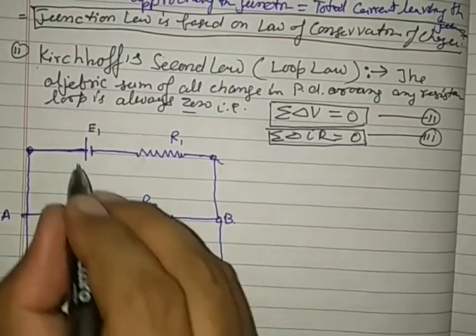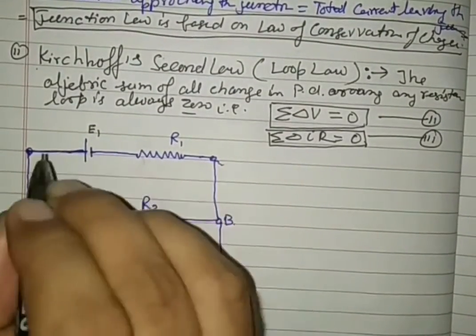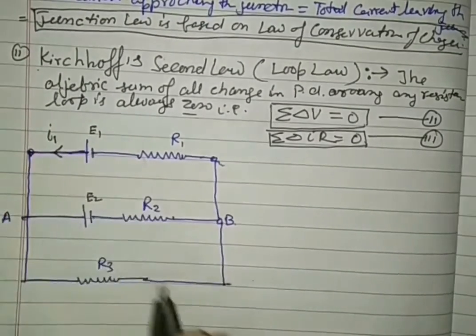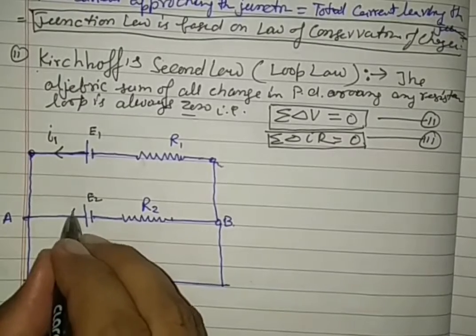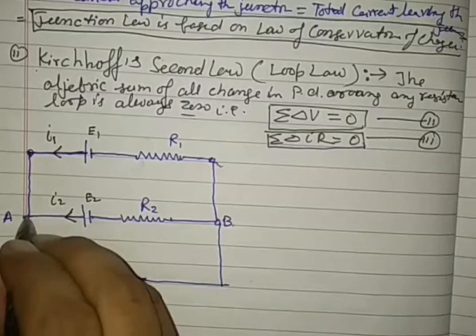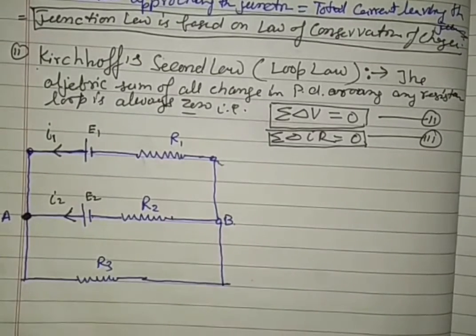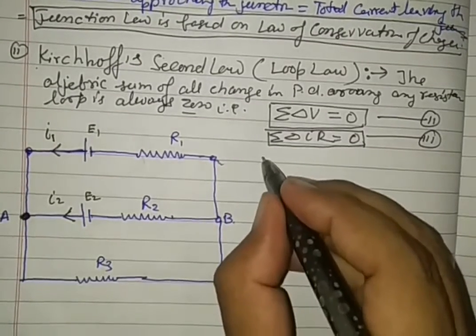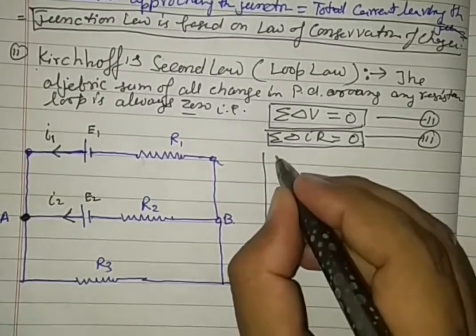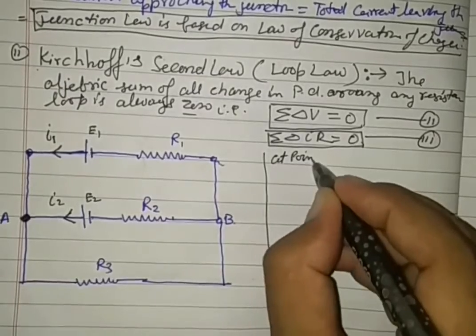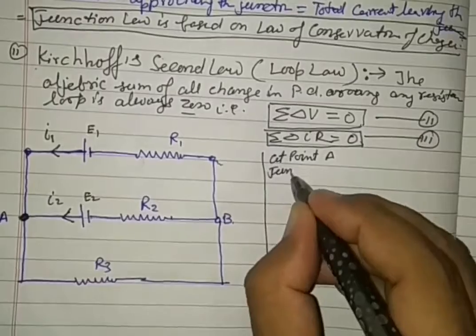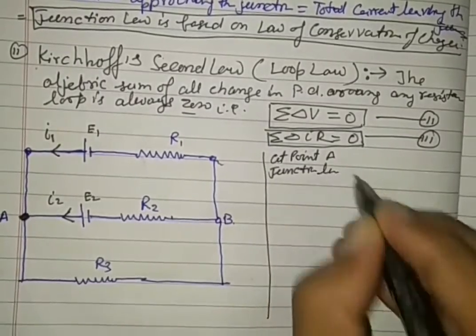Now through cell E1, let current I1 be flowing, and through this second cell, current I2. When these reach point A, see here on the right side, at point A we are going to apply the junction law.